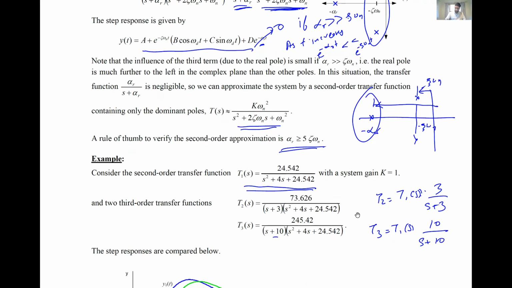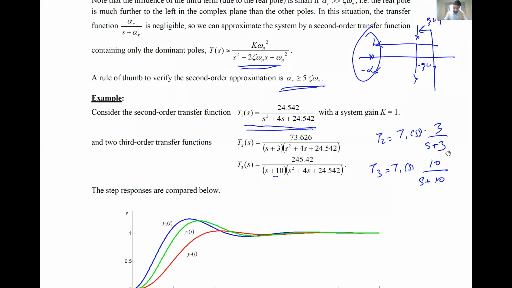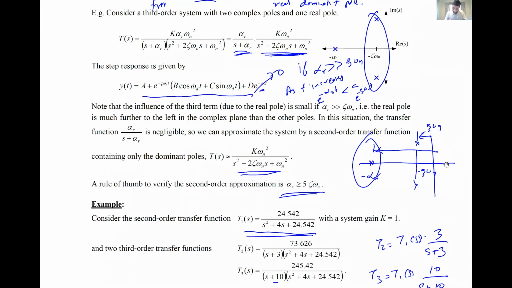So in this example that we studied, can we identify the real part of the poles for the complex conjugate poles? The real part of the complex conjugate poles, notice, is given by zeta omega n, which is related to the coefficient of s to the power 1.